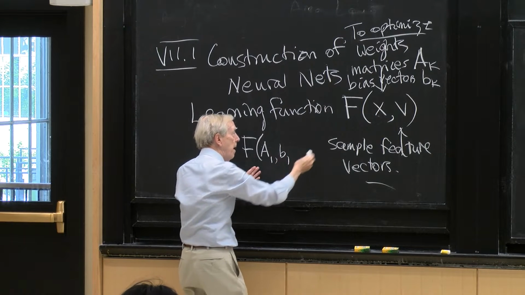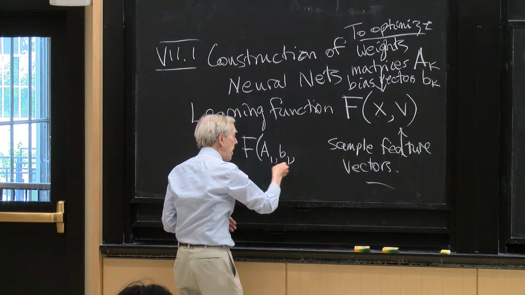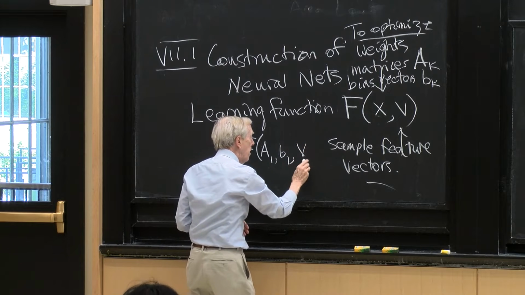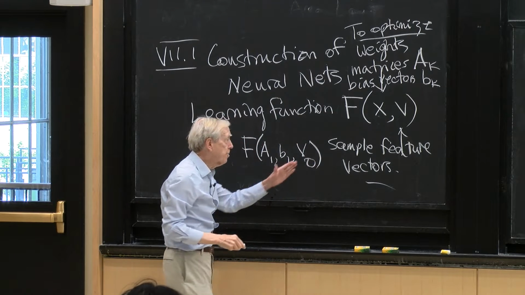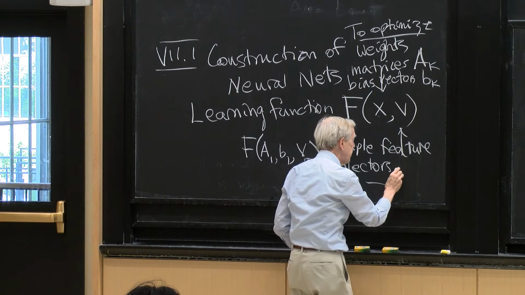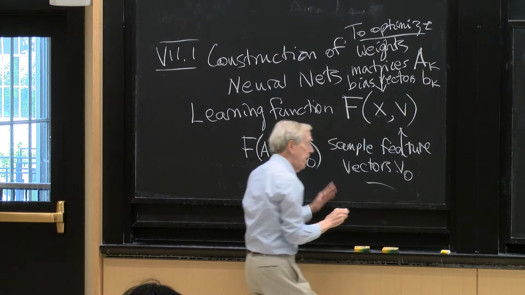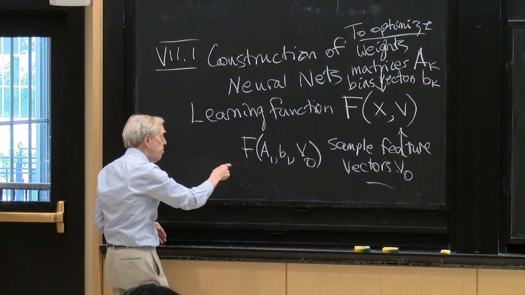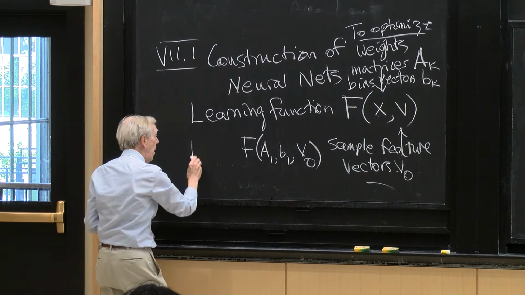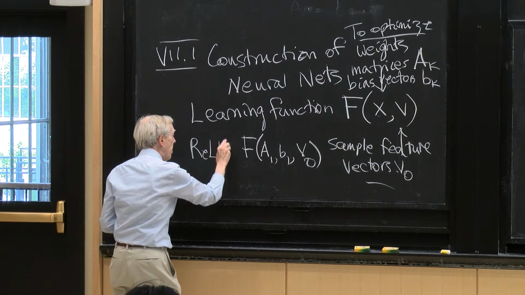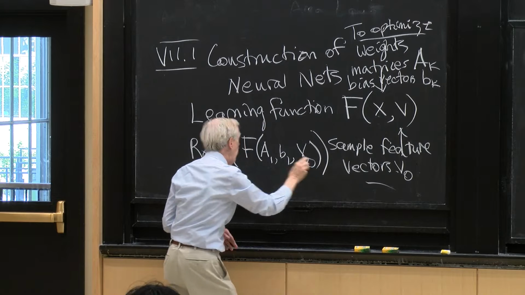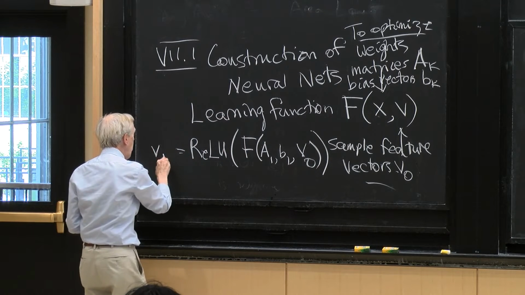So that's the x part, and the actual sample vector. The sample vectors are V0 in the iteration, and this produces, and then you do the nonlinear step to each component, and that produces V1.